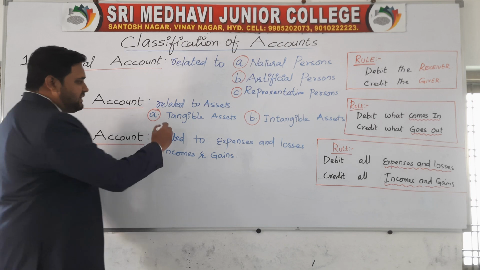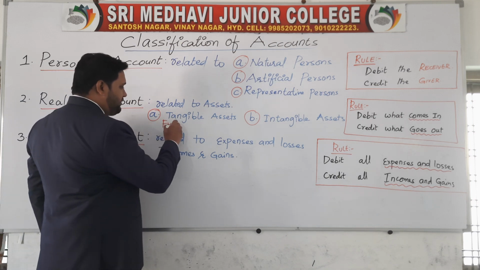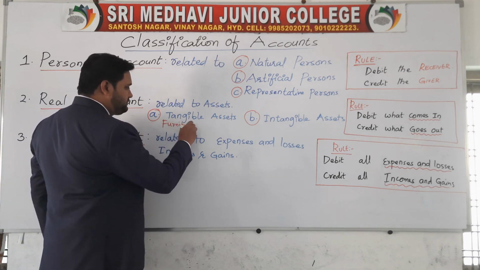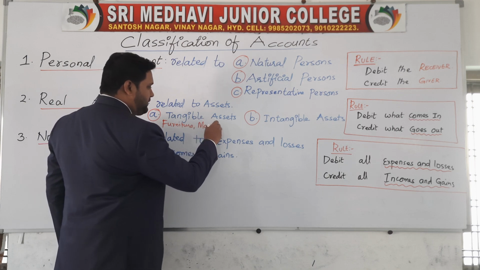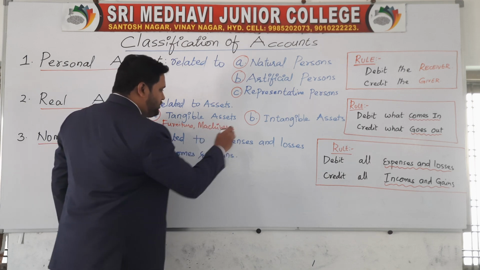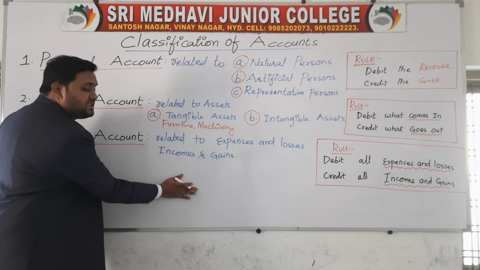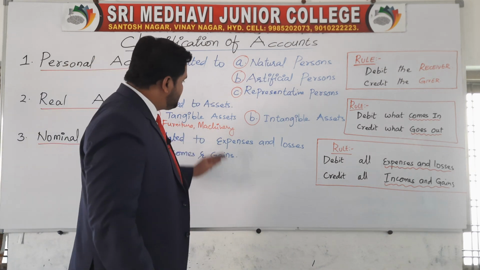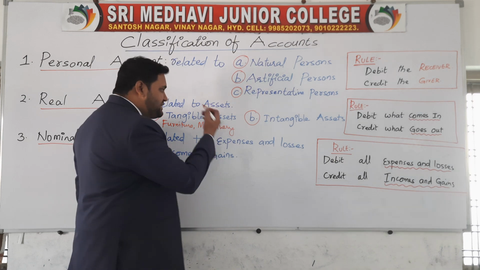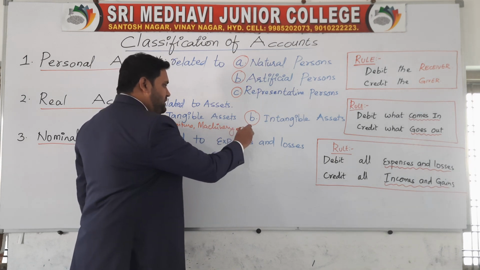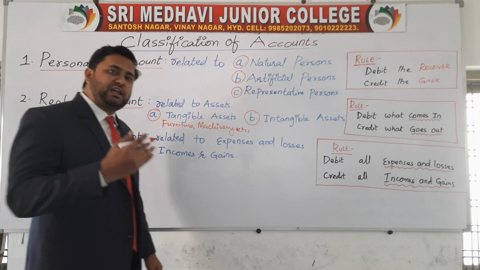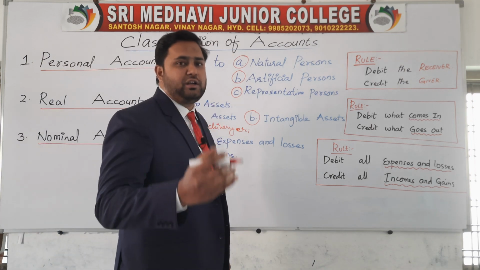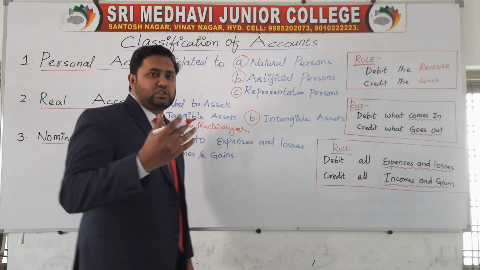Tangible assets are such as furniture and machinery. You can see and touch the furniture, and you can see and touch the machinery. So there is a physical existence of furniture, machinery, cash and so on; these are tangible assets.